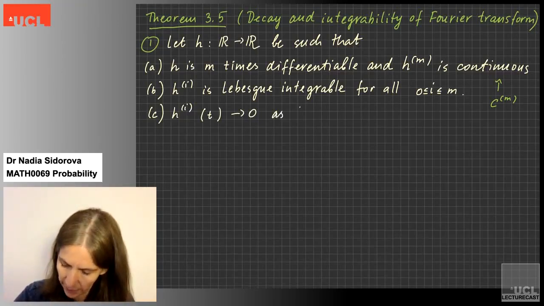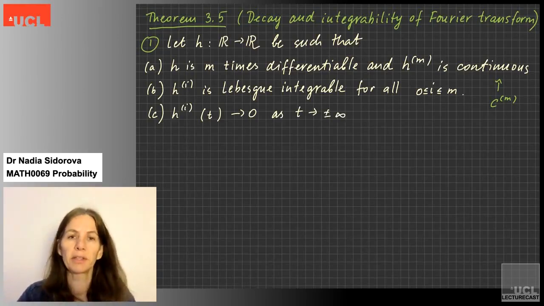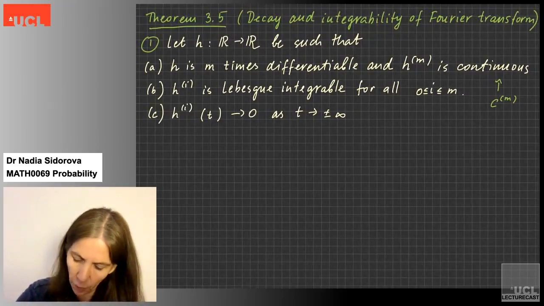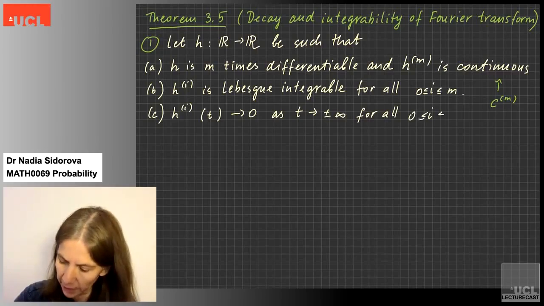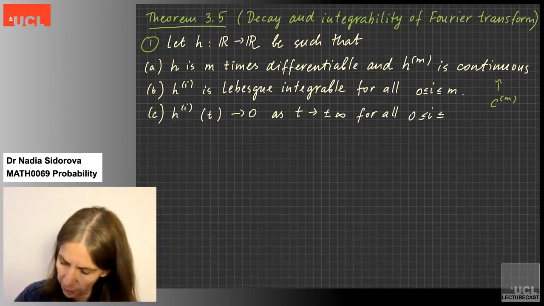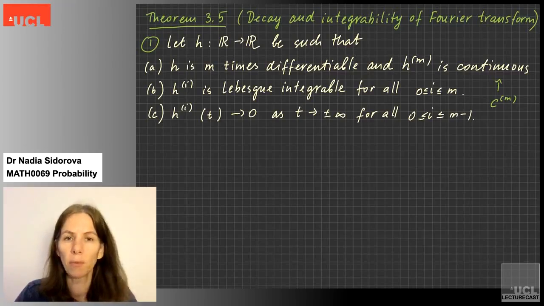So as t tends to infinity, and this is again for all i starting from 0, but now I don't need this condition for the last derivative, just for the previous one. You will see why.